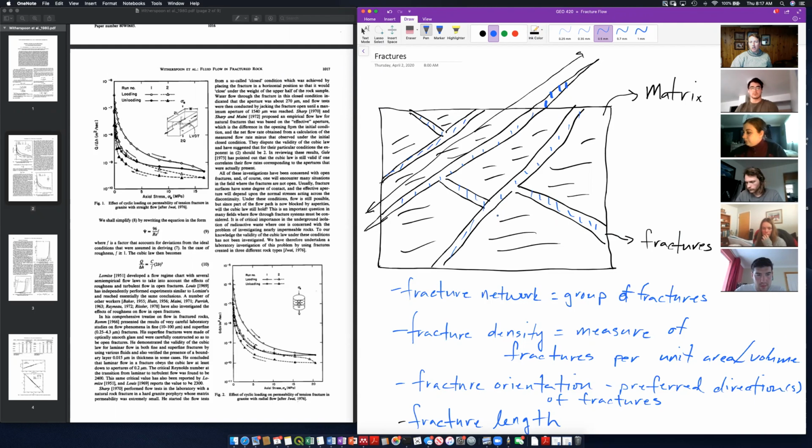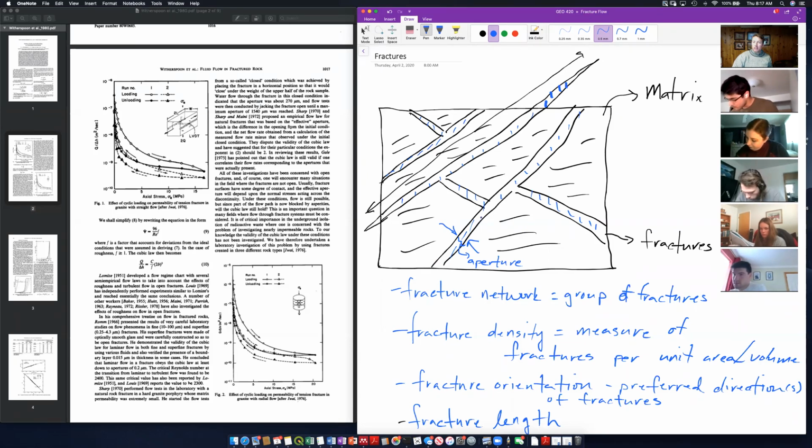We will talk about a few different things, but as we drill in towards one fracture, the width of the fracture is called the aperture. So this is the fracture aperture.